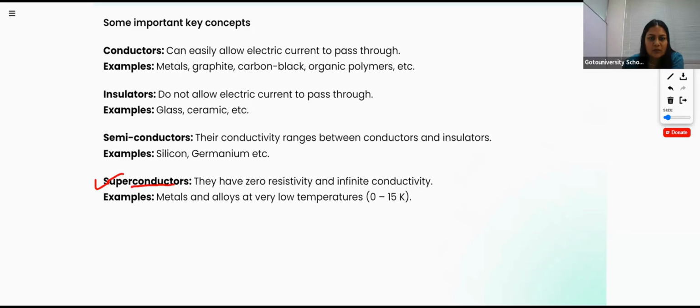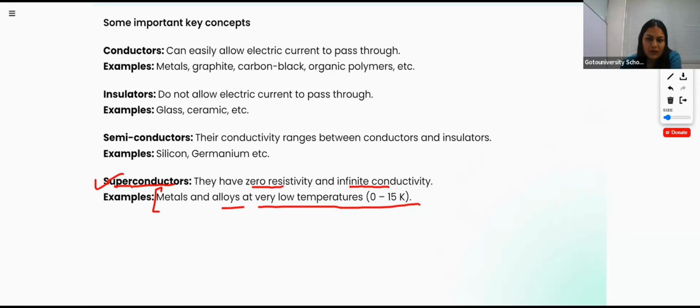Then the last category based on the conductivity of different substances is superconductors. Superconductors offer zero resistivity. That means the current will flow in high amount, and they will show infinite conductivity. However, for metals and their alloys to act like superconductors, they need very low temperature, generally 0 to 15 Kelvin.